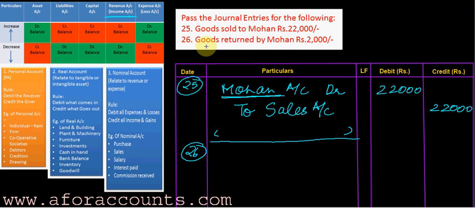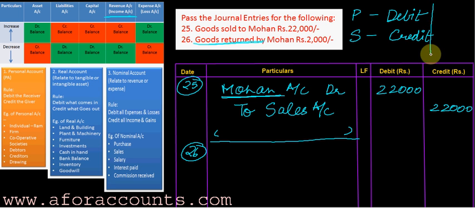Now entry number 26. Goods returned by Mohan rupees 2,000. An important entry now. Goods returned. We have learnt that purchase has a debit balance and sales has a credit balance.